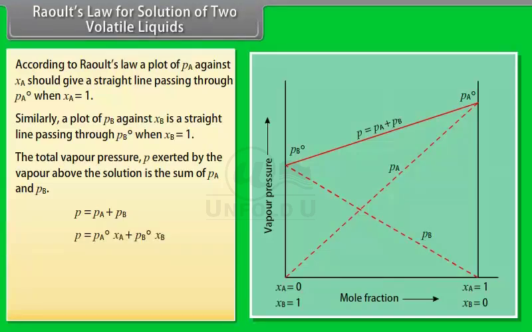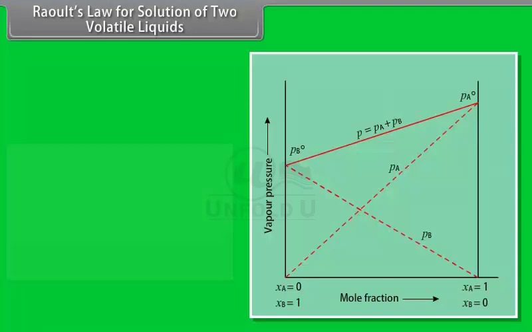By putting XA equal to 1 minus XB, we get the relation P = (PB⁰ − PA⁰) XB + PA⁰.